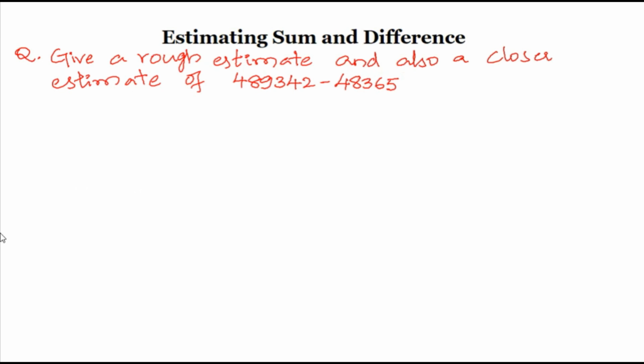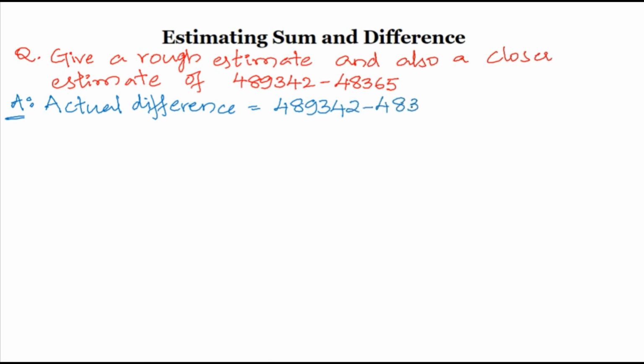Like in the previous question, let us first find out the actual difference. Here the actual difference will be equal to 4,89,342 minus 48,365. The difference will be 4,40,877.